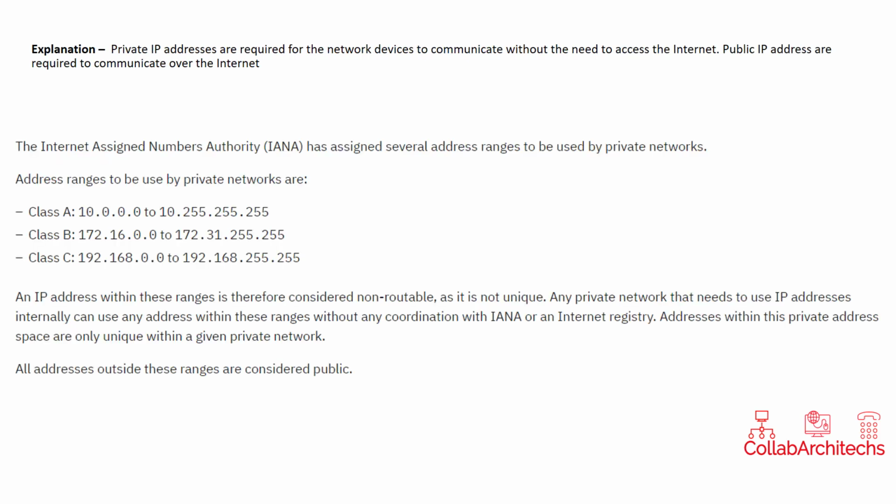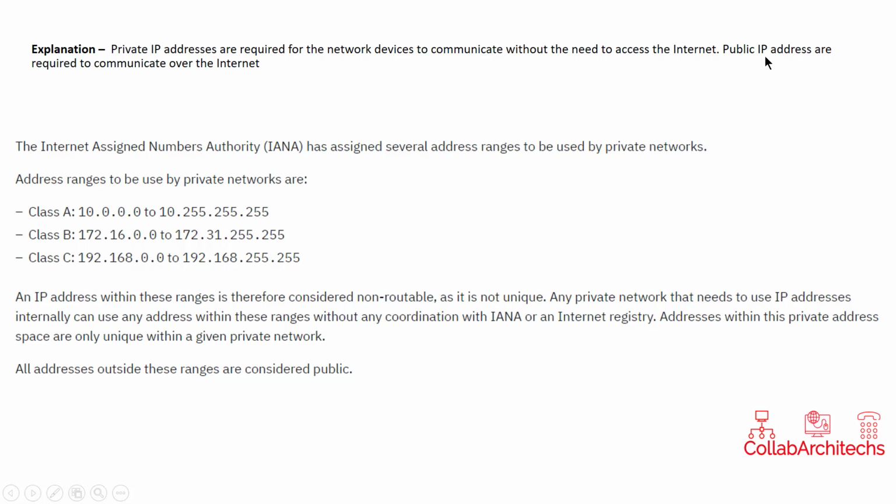document. And I have explained the same in my explanation: private IP addresses are required for network devices to communicate without the need to access the internet. Means there is no need for the internet for private IP addresses. If a private IP address is assigned to network devices, they can communicate, but the internet is not required.